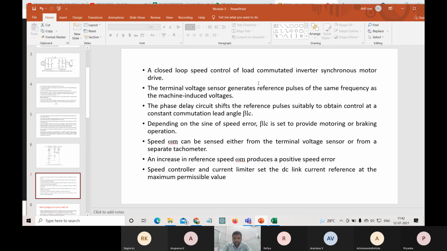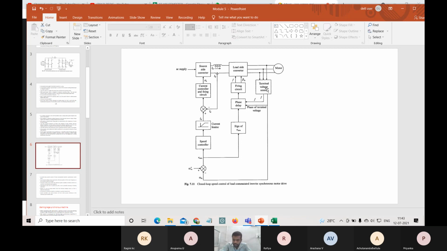Here we have one terminal voltage sensor. This terminal voltage sensor generates reference pulses, which are suitable to obtain control at a constant commutation lead angle beta h. What does it mean? The terminal voltage sensor generates one reference signal.